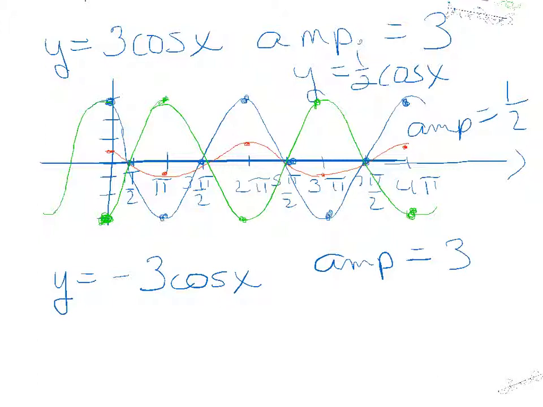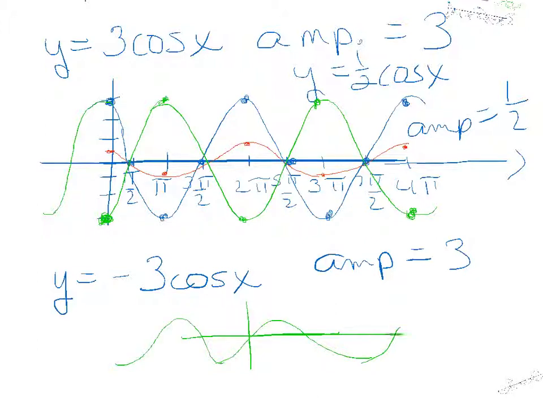What about for the sine function? Where's your symmetry? If you go back and look at your sine curve, where's your symmetry? It's not the y-axis. The sine curve looks like this.